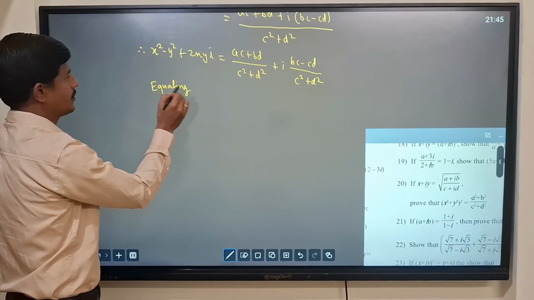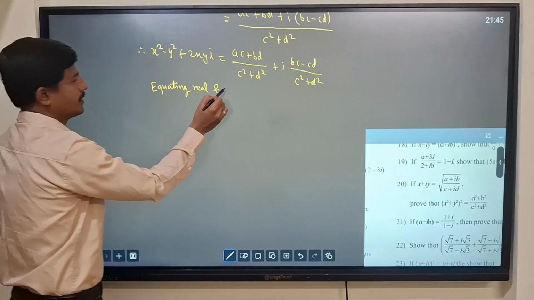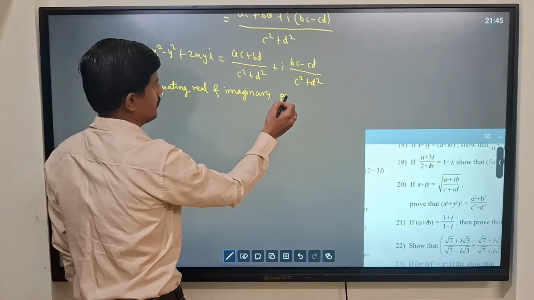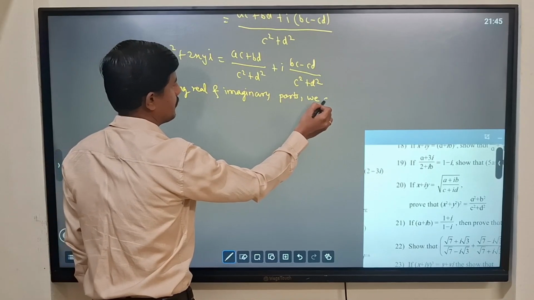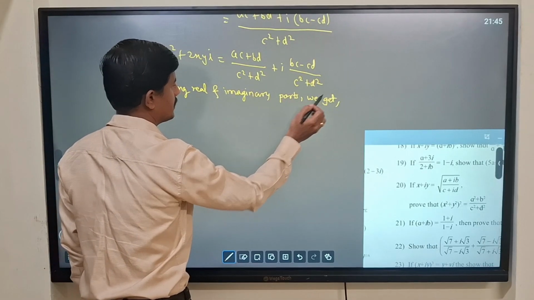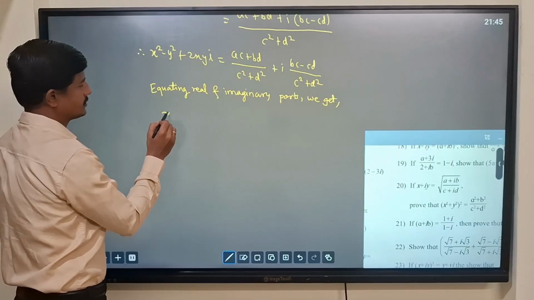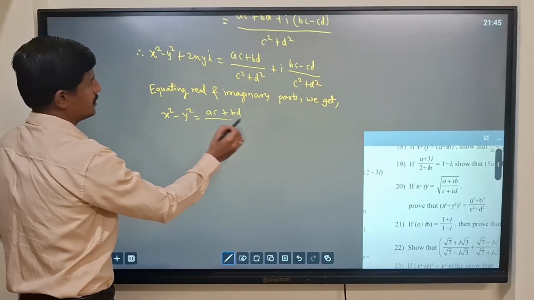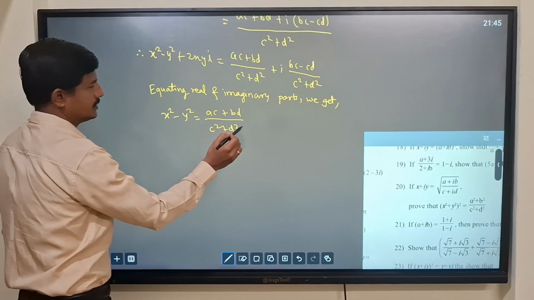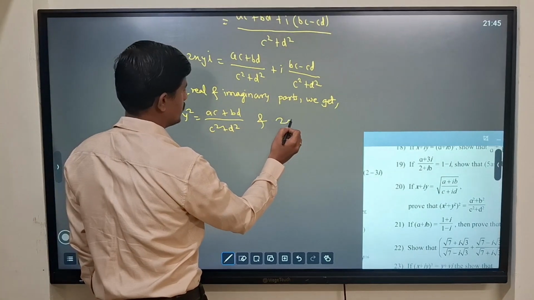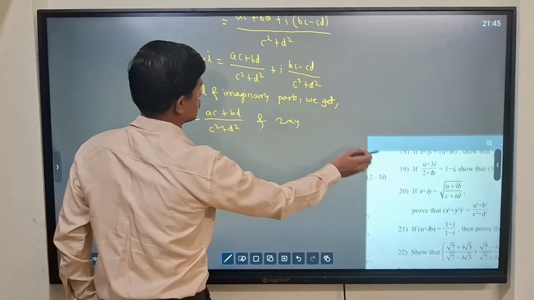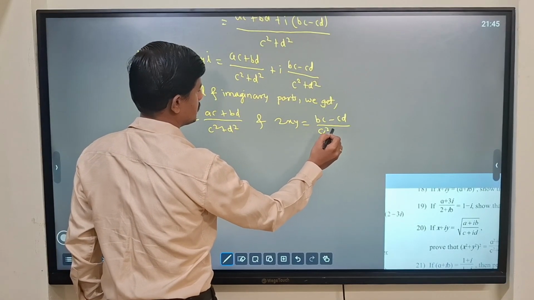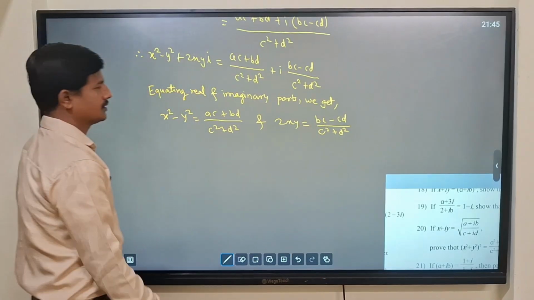Equating real and imaginary parts, we get x square minus y square equal to (ac plus bd) upon (c square plus d square), and 2xy equal to (bc minus cd) upon (c square plus d square).